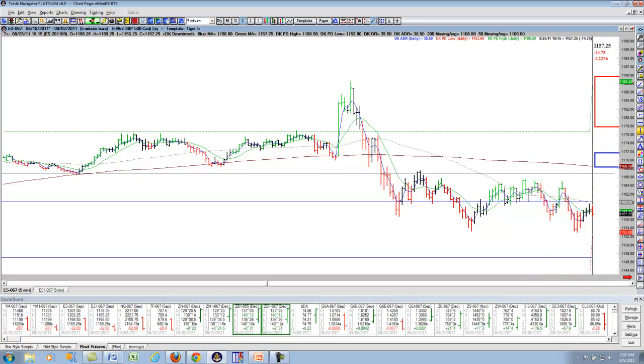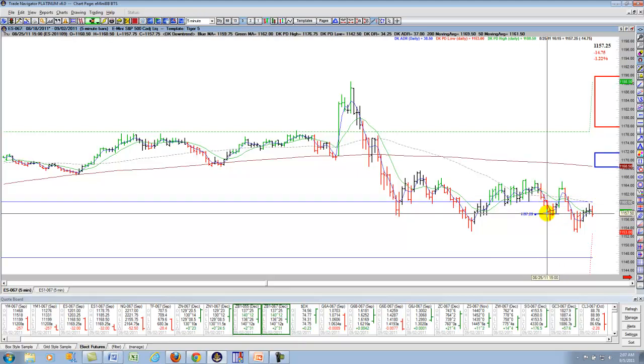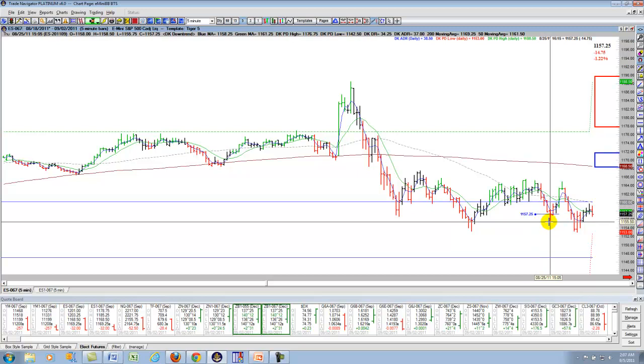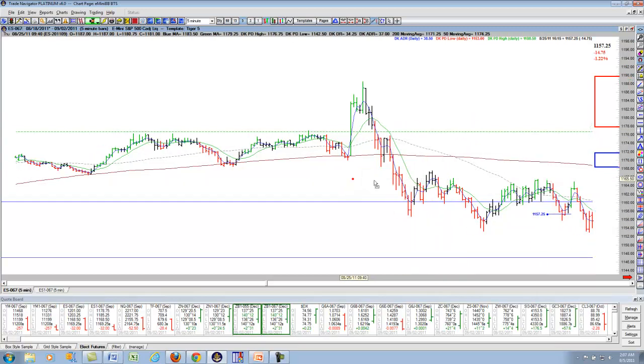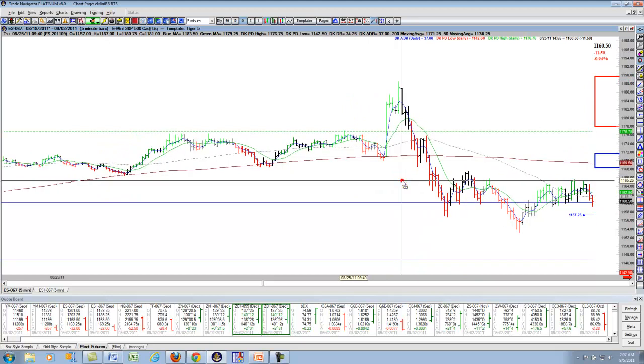So 1159 and a quarter. 1157 and 3/4. 1157.25 ends up being our entry point right here. And what do we got going on here? 37.